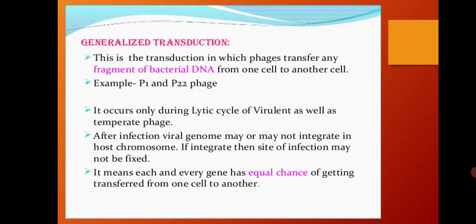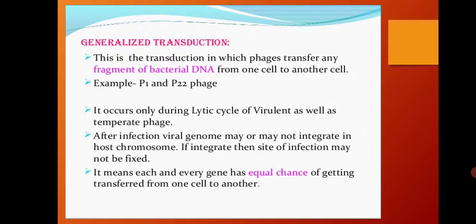In generalized transduction, phage transfer any fragment of the bacterial DNA from one cell to another. Here genetic material is transferred from one bacterial cell to another. Examples are the P1 and P22 phages. Generalized transduction occurs during the lytic cycle of virulent as well as temperate phage.